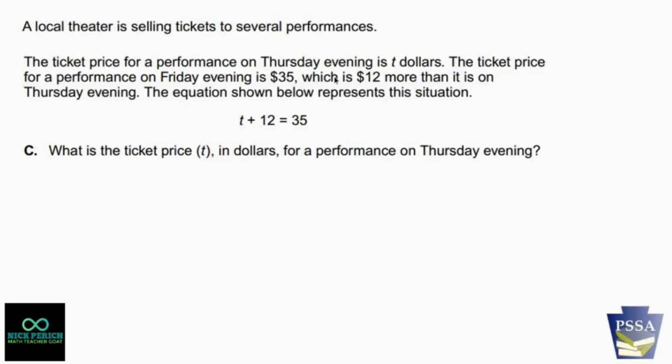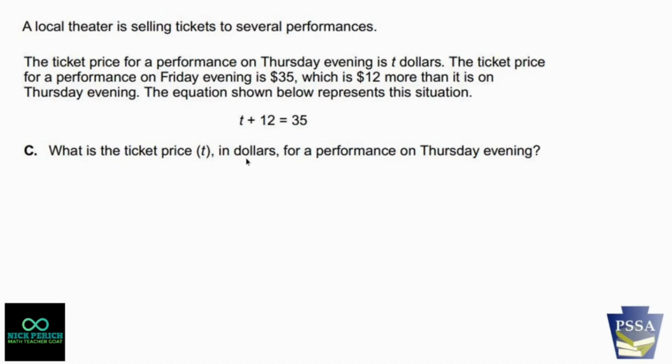The equation shown below represents the situation: T plus 12 equals 35. So that represents Thursday evening's price plus $12 is going to be $35, which is Friday evening's price.